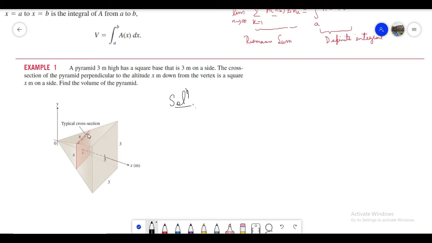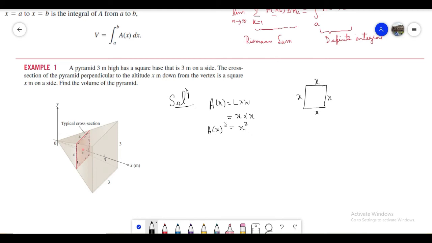This is a square, with each side x meters. If I want to compute the area A of x, which is length times width, this is x times x, which is x squared. So we have computed that our cross section area is x squared.